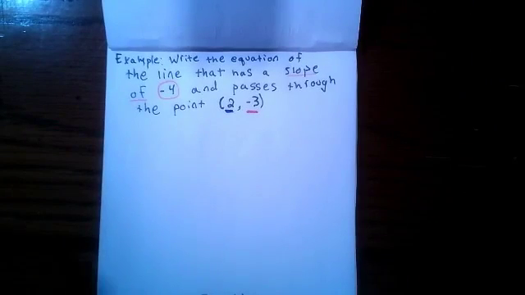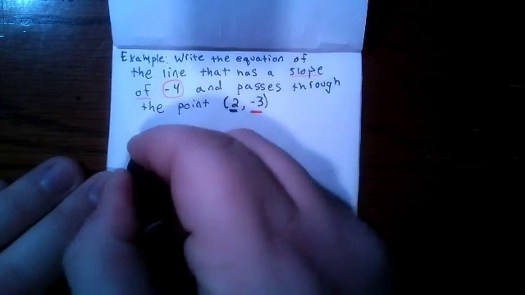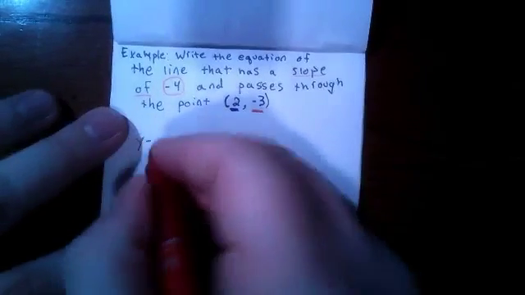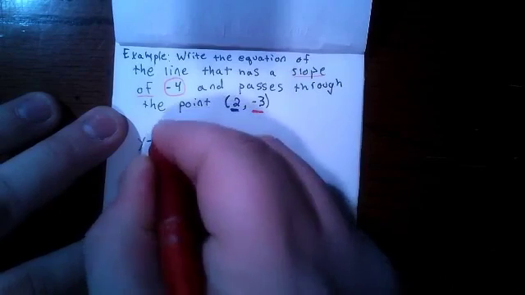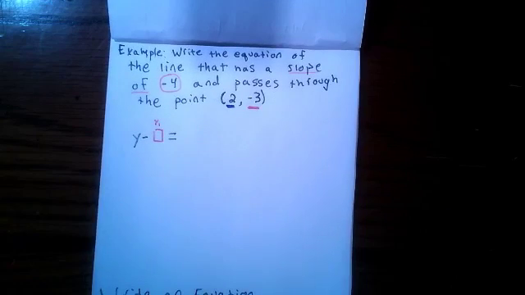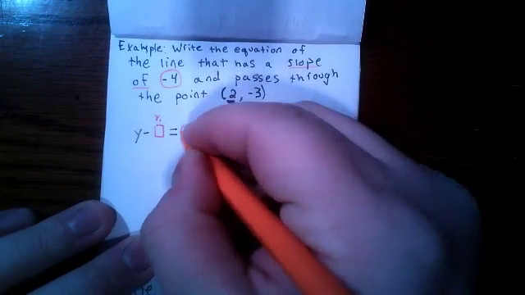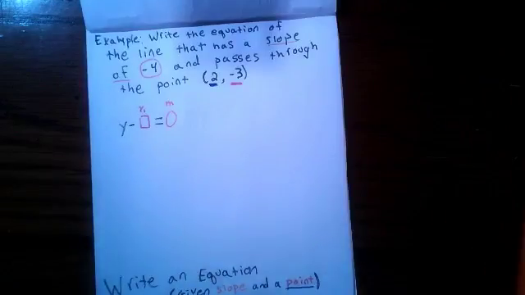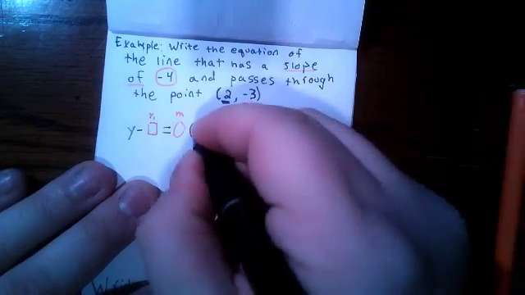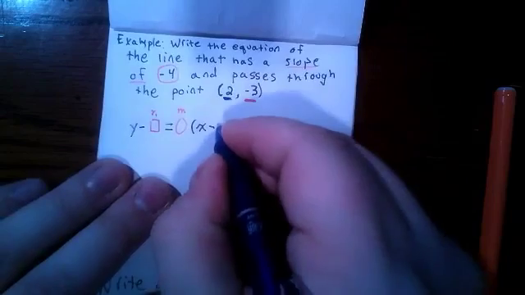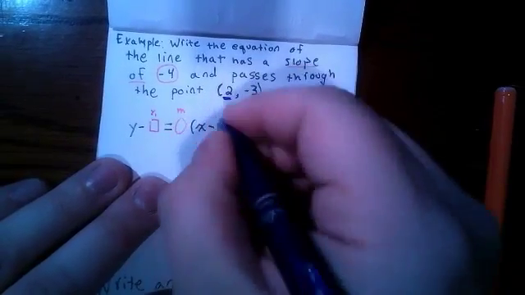So my point-slope form from the front is y minus y1, right, equals m times x minus x1.